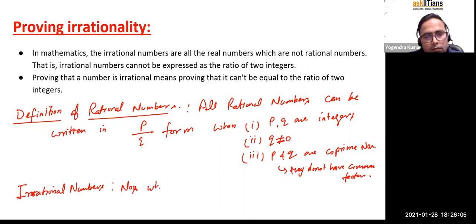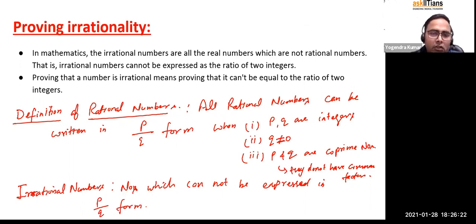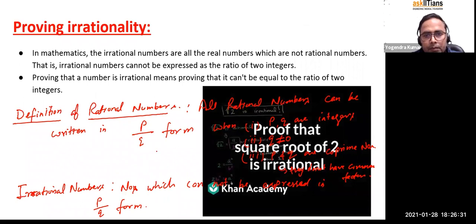Numbers which cannot be expressed in p by q form, right? That's all. Correct. So those numbers which cannot be represented in p by q form.